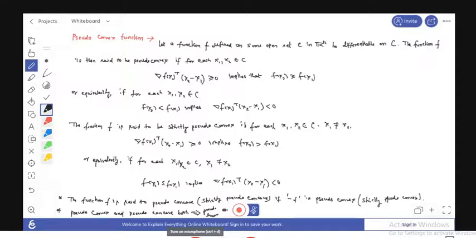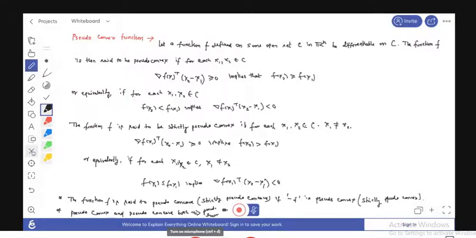But a pseudo convex function need not be a convex function. Okay, so take an example, any odd order function, which is not convex but satisfies pseudo convexity.